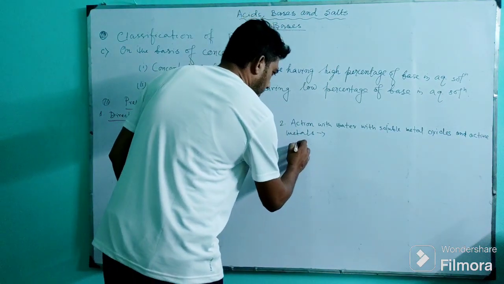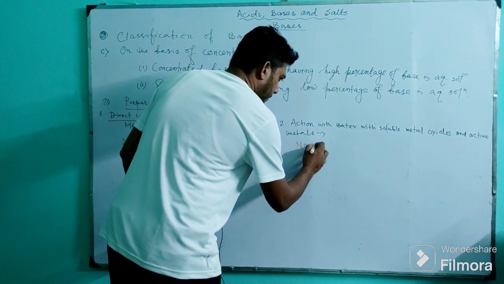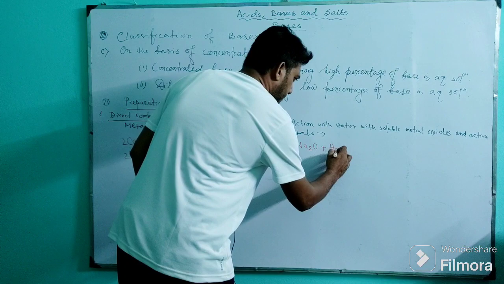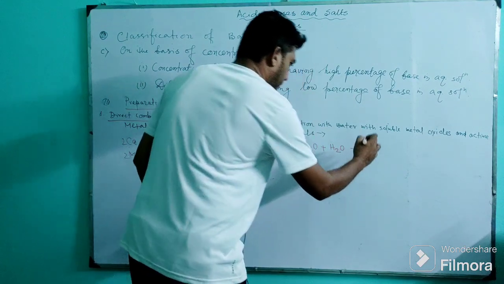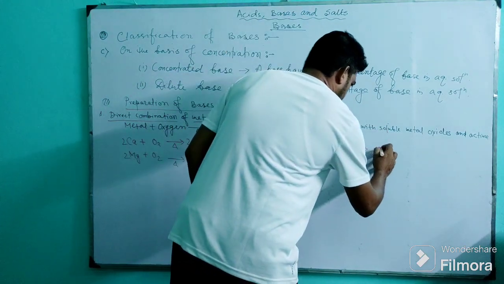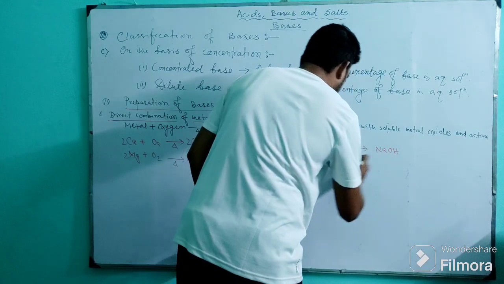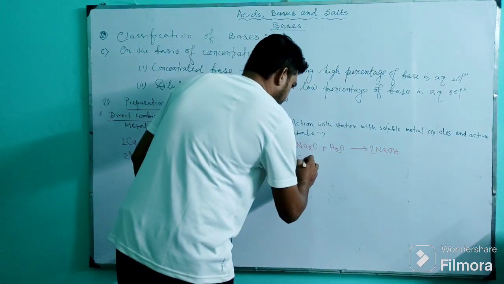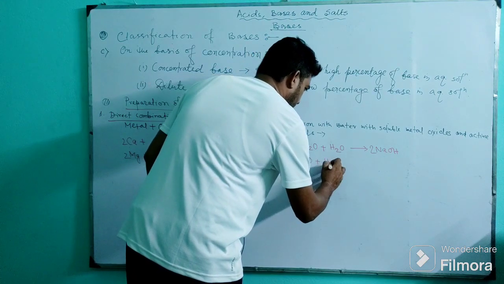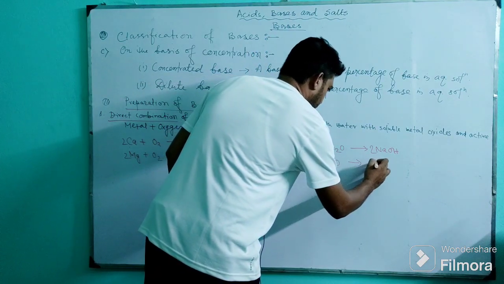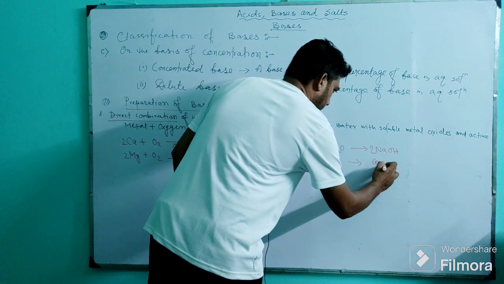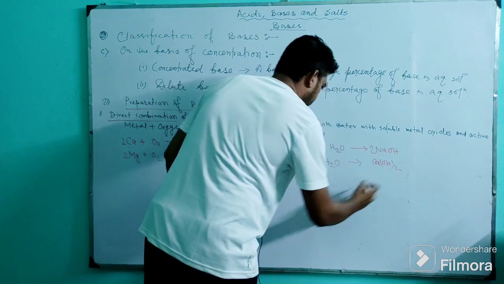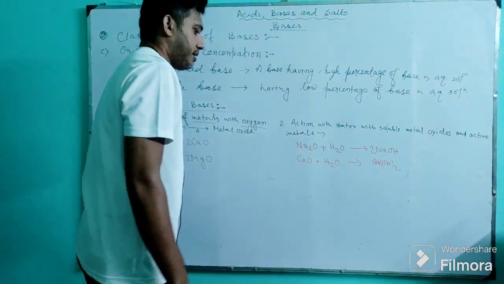Some soluble metal oxides like sodium oxide react with water and form sodium hydroxide, NaOH. Another, we can take calcium oxide, CaO. It will form calcium hydroxide. You must check the balance.